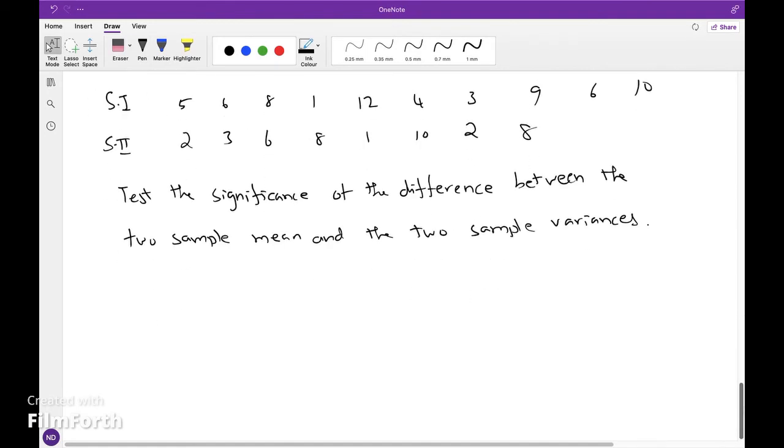Here they ask to test the significance of the difference between two sample means and two sample variances. For two sample means, we use t-test. For sample variance, we can use F-test.